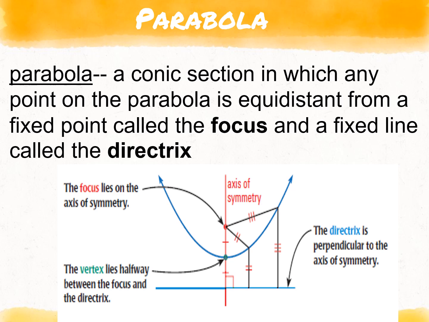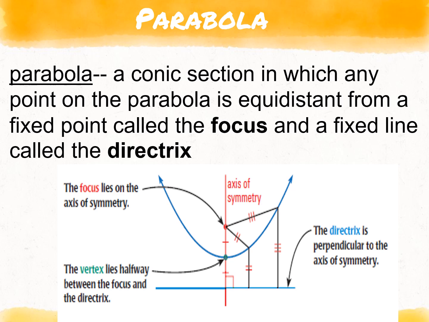Alrighty, let's start off talking about a parabola. A parabola is a type of conic in which any point on the parabola is equidistant from the fixed point called the focus, and also equidistant from the fixed line called the directrix. If you take a look at that blue parabola, we're used to having a vertex.